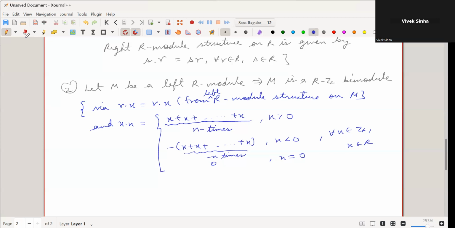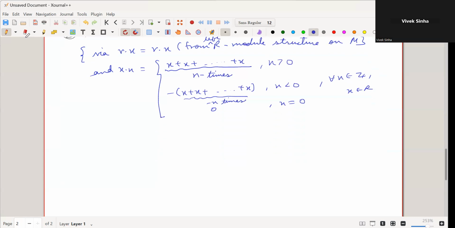And if n is 0, then you simply get 0. So this way you can define the right module structure over it, and thus it becomes a bimodule.